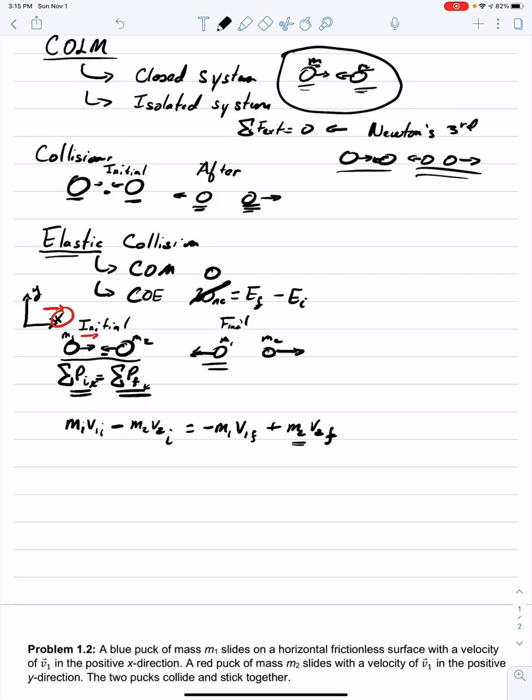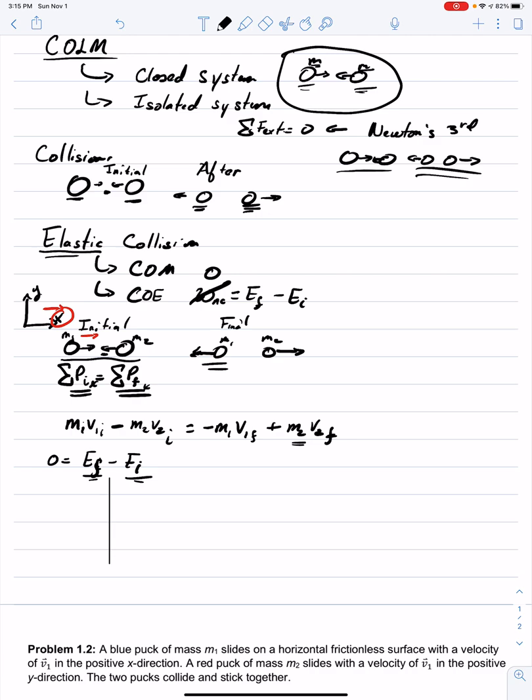You can also prove that this is an elastic collision by using what I told you before, conservation of energy: the final mechanical energy minus the initial mechanical energy is equal to 0. So we can use the same components.